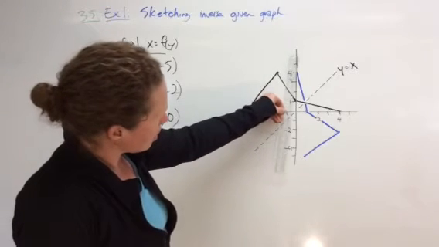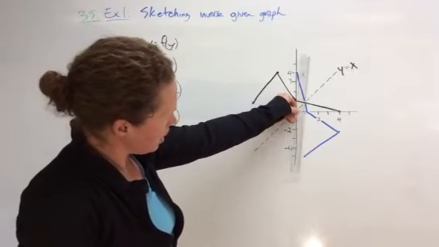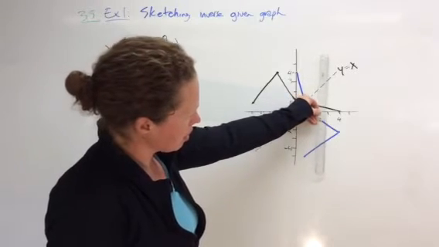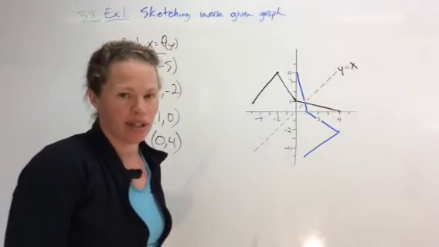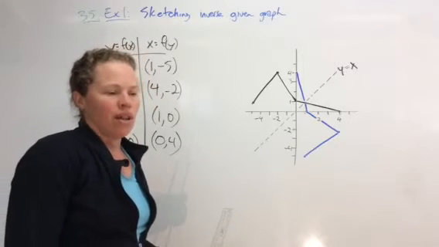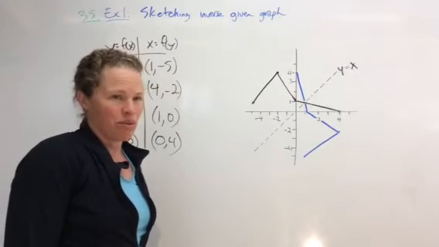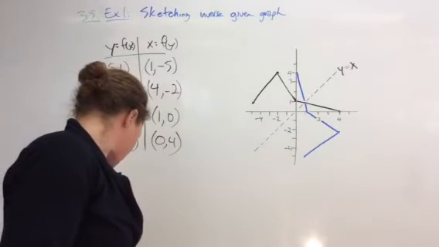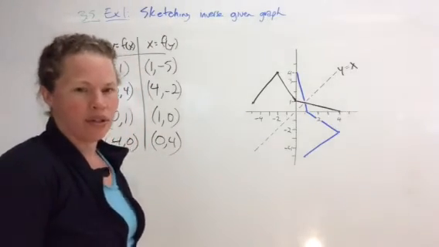But if I look at the inverse of it, right there, and all the way along here, there's 2 points all the way along. So that means it fails the vertical line test, which means it is not a function. So that answers B. And then, of course, they want to know the domain and range.